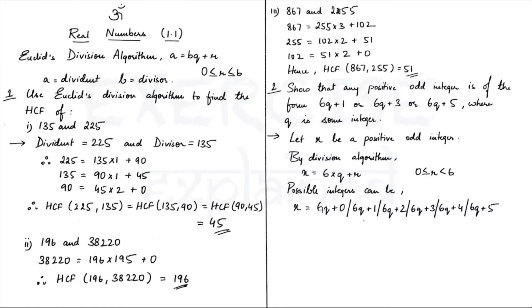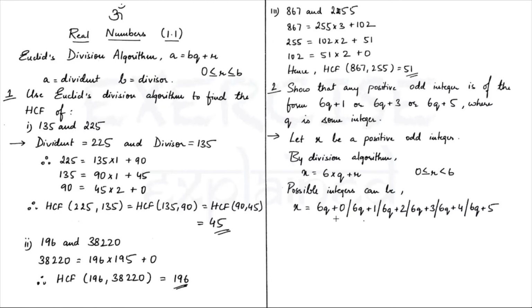I have taken it as q since the question wanted q. So 6q plus 0, 6q plus 1, 6q plus 2, 6q plus 3, 6q plus 4, 6q plus 5. Remember 6q plus 6 will not be included because the remainder has to be less than 6. So less than 6 means it will be 5. So this is going to be the last thing here.